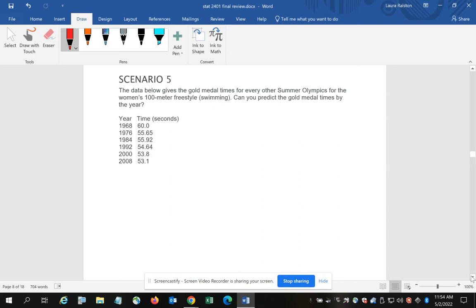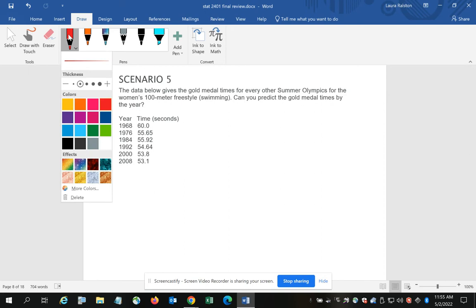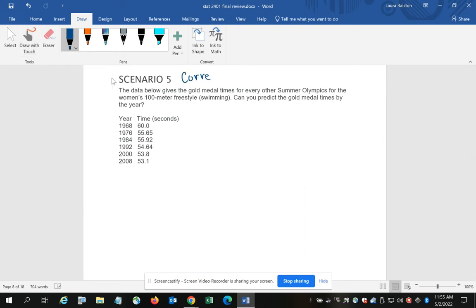Although we did talk about several different ones where you had perhaps two variables, this is probably the only one where we really truly had two different variables. You have both the year and the time, and we're looking for a connection, a relationship between that data. And so this particular question gets us into correlation and regression.